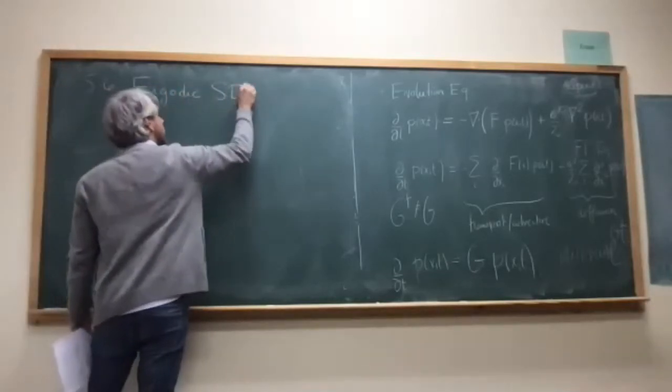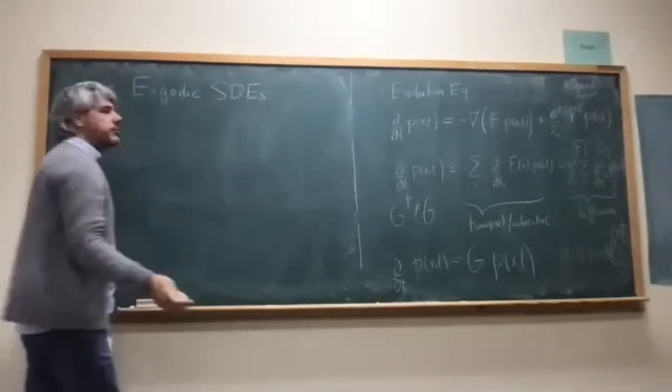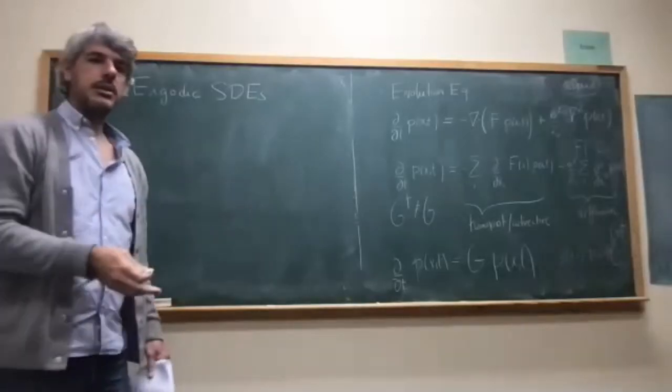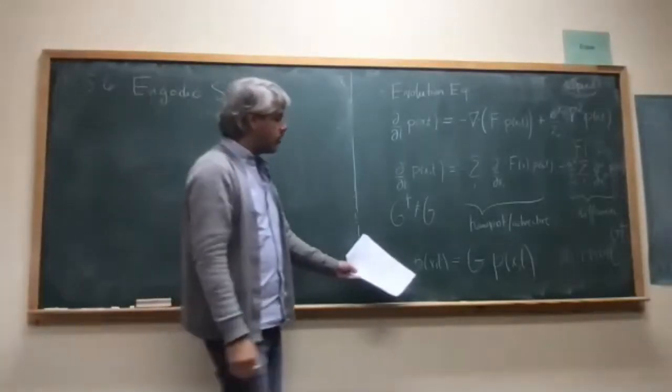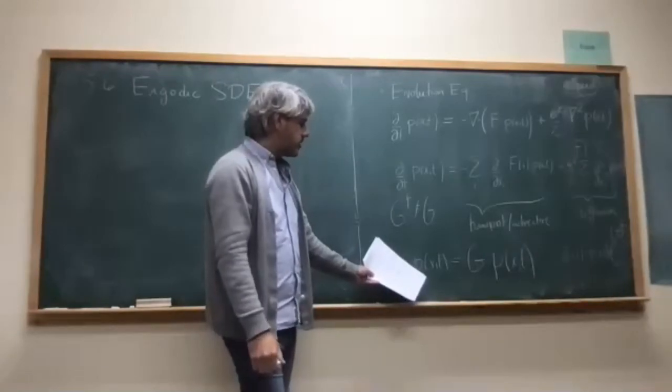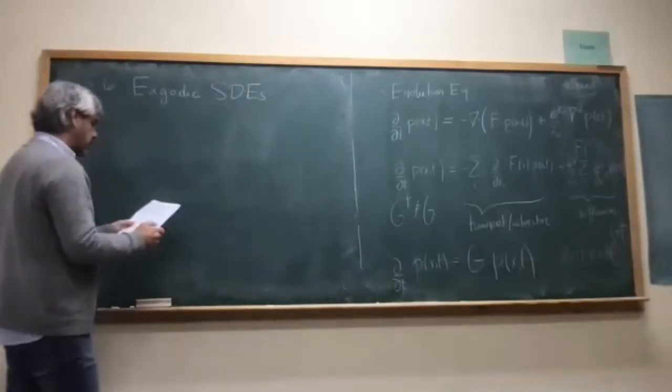Ergodic SDEs. So just like we had for Markov chains in discrete time or jump processes in continuous time, you can imagine that the time-dependent distribution will go to some stationary distribution in time, and this will be an ergodic process.